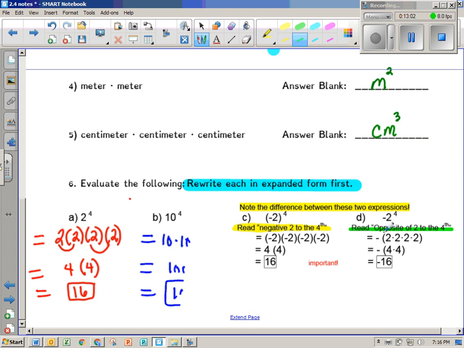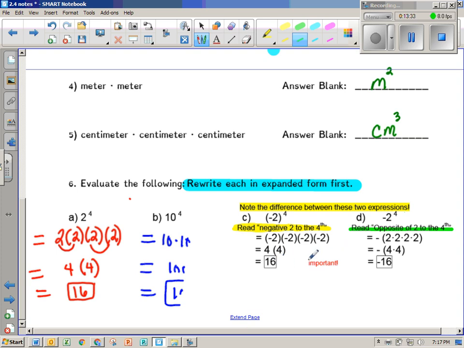So this one means raise 2 to the 4th and then take the opposite of it. So you get -16. Whereas over here, it means -2 times itself 4 times, which you get a very different answer. You get +16 because, as we know, a negative times a negative is a positive, so -2 times -2 is 4, and another -2 times -2 is another positive 4, and when you multiply two positives, you get a positive.